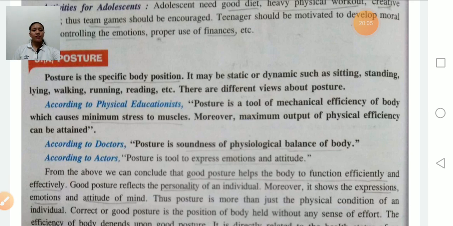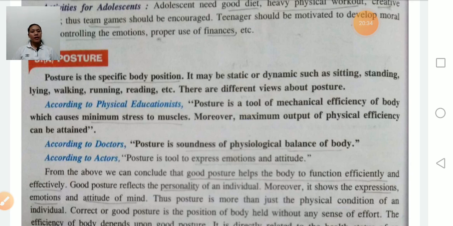There are different views about posture. First, what is posture? Posture is the body position, and it may be static or dynamic. Posture is balancing the body in an accurate and proper manner so as to produce less fatigue.